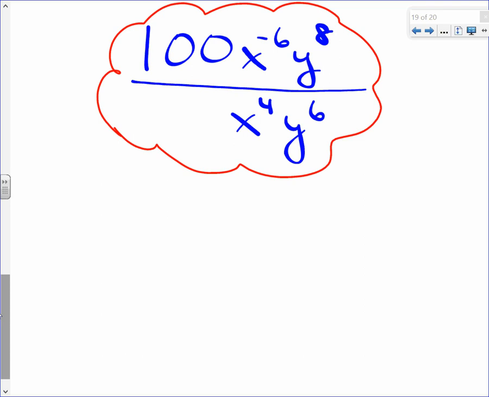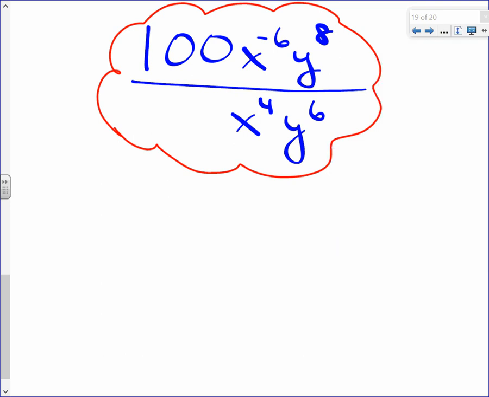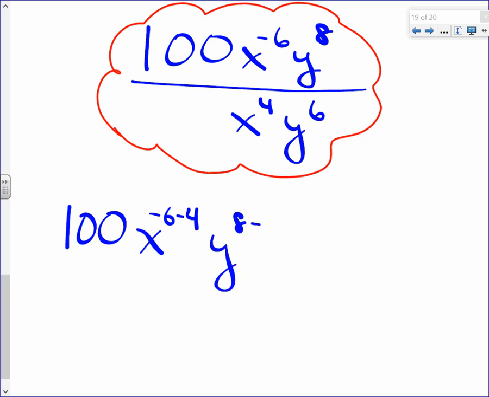So look at my final answer. Watch this. 100 times x to the negative 6 minus 4 power, y to the 8 minus 6 power. Right? Because I'm just subtracting the exponents at this point.